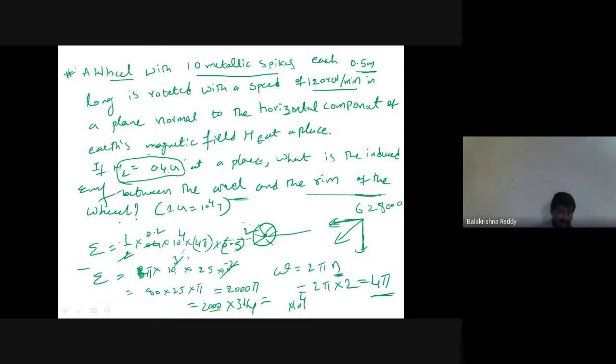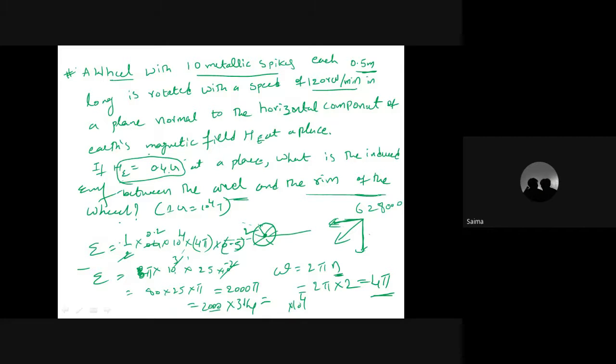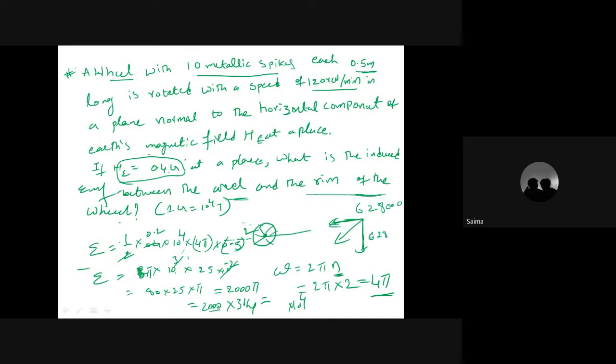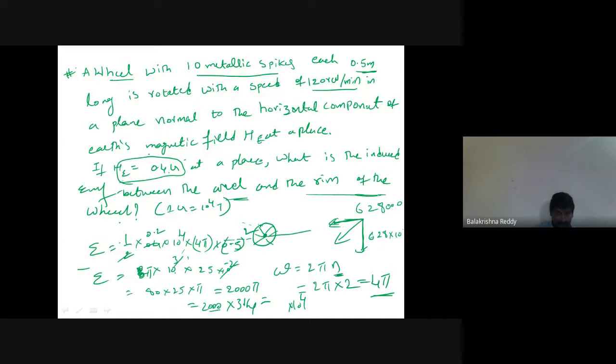So how can we write? 6280 into 10 to the power of minus 3. This is if I write in terms of decimal. How can I write?